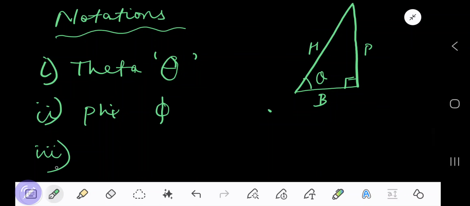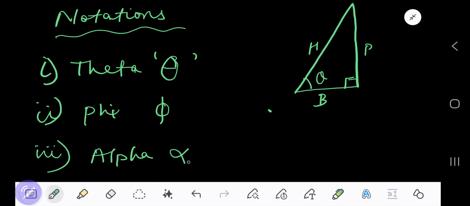Third one is known as alpha, and the symbol for alpha is this. Well, it's not. Let me just draw it a bit better. Actually, usually alpha is just drawn like this for quicker purposes, but the actual symbol which you might even see in your books is sort of like this.